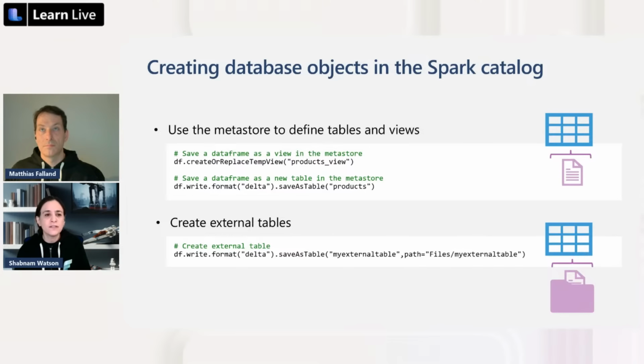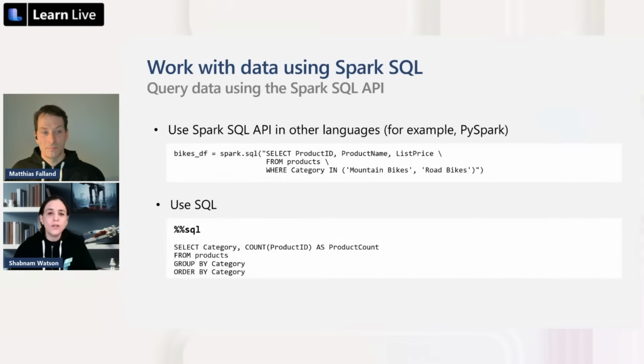One slight difference that you need to be aware of is that if you delete a managed table, the data will be deleted as well. But if you delete an external table, the underlying data does not get deleted. So each one of these has different use cases that you can use together to complete a data processing and transformation job.